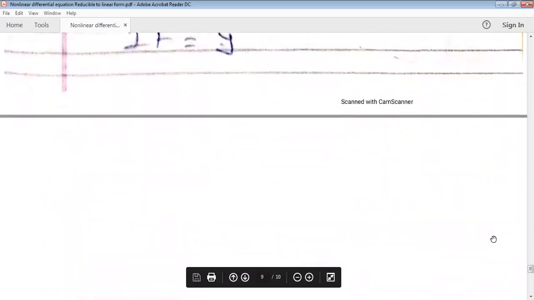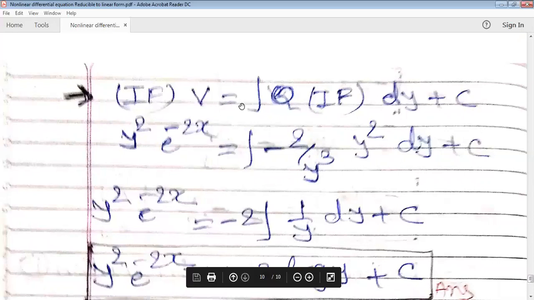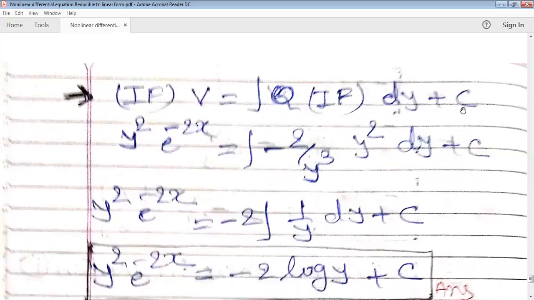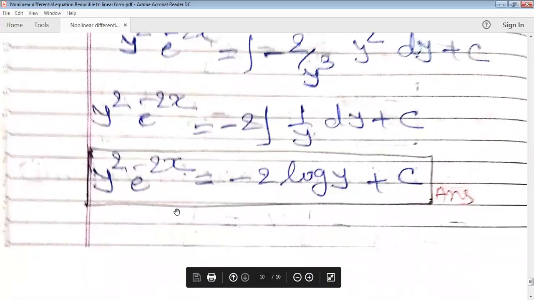And now our final solution: integrating factor into v is equal to integral of q into integrating factor dy plus c. So y square v, where v is e raised to minus 2x, your q is minus 2 upon y cube, y square dy plus c. By simplifying, integration of 1 upon y is log y. So this is our final answer.